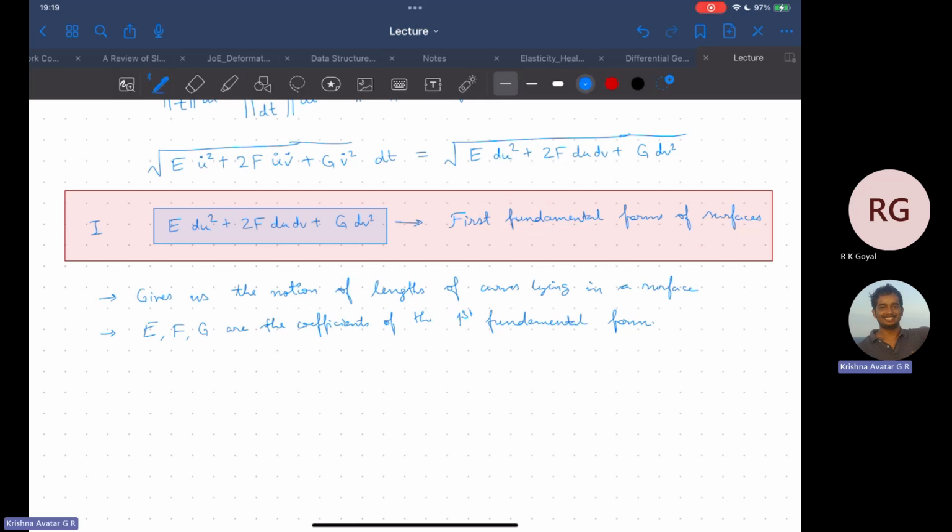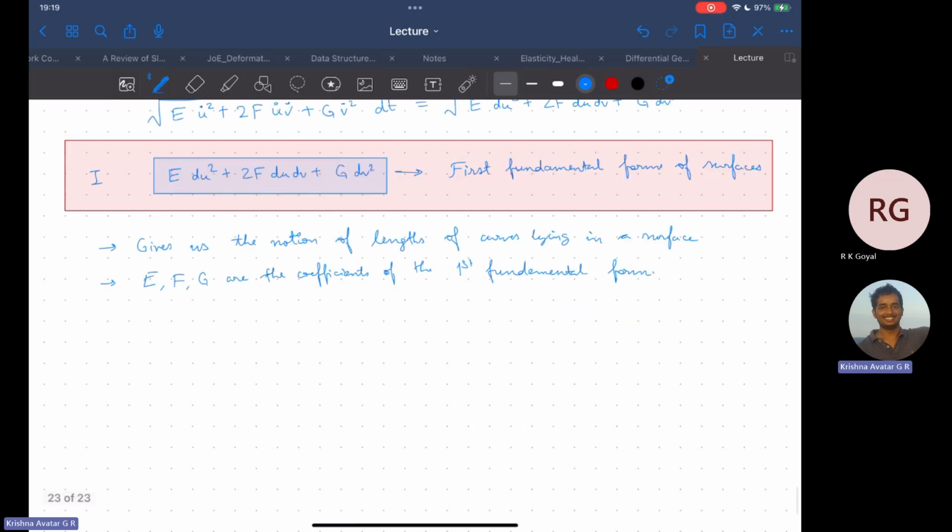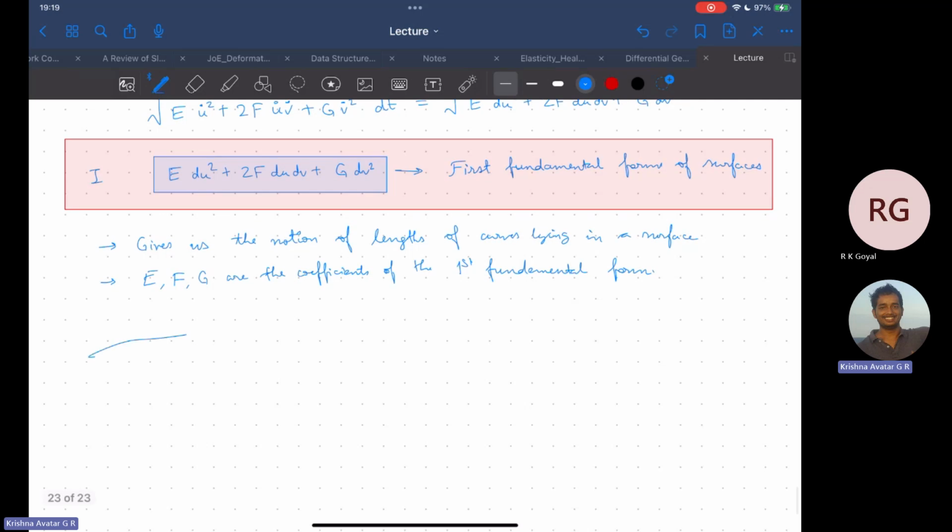So we get an idea about the distances and all. So E, F, and G are what is very relevant here. The first fundamental form also helps us in getting the angles between two curves, I mean the angle of intersection of two curves on a surface. So we have this surface here.